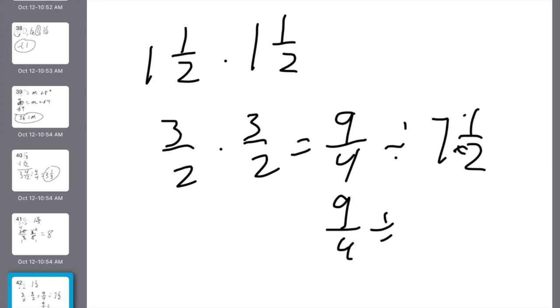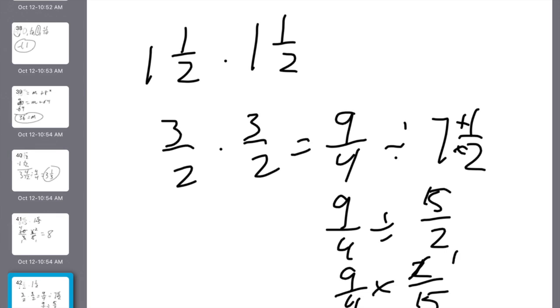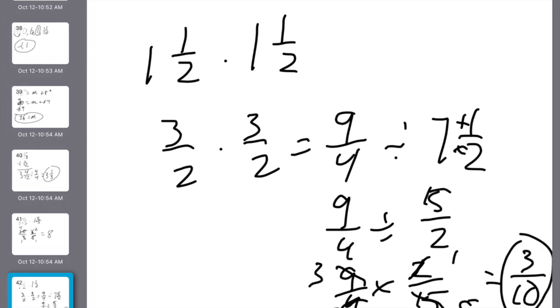So I'm going to take 9 over 4 divided by, multiply 14 plus 1 is 15 over 2. Now stays, changes, flips. 2 divided by 2 is 1. 2 into 4 is 2. Divide by 3 is 3. Divide by 3 is 5. Multiply the tops, 3. Multiply the bottoms, 10. So I get an answer of 3/10.